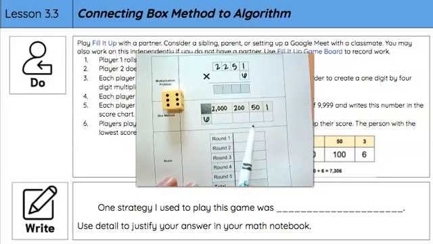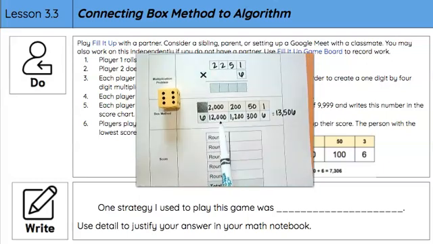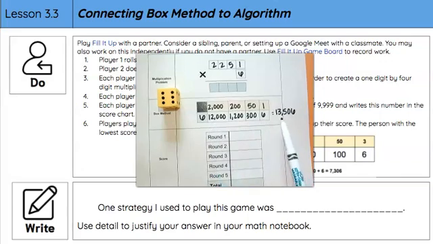Now I'm going to solve for my partial products. Okay, so I did all of my multiplication and I added them all up together. So my final product is 13,506. You can see that there's not a whole lot of recording room, so use your math notebook to show all of your work. But I'm not quite done yet.